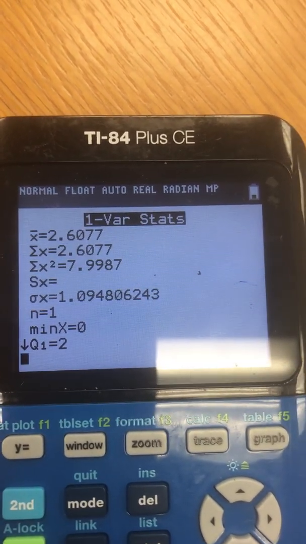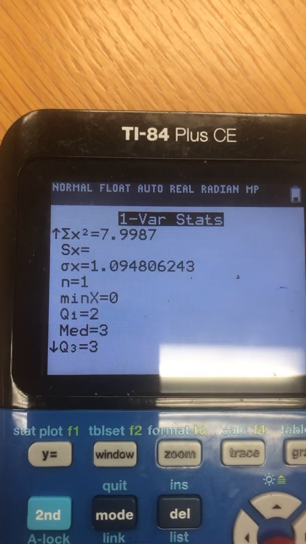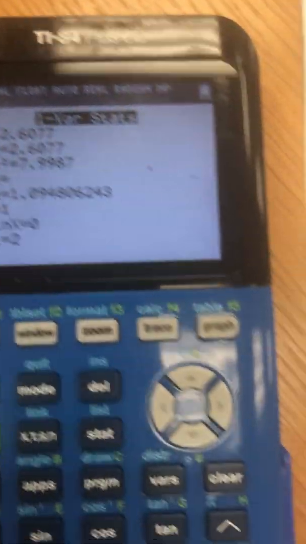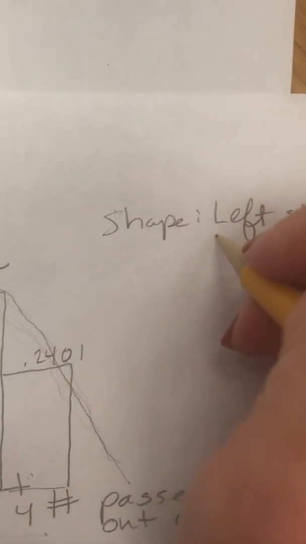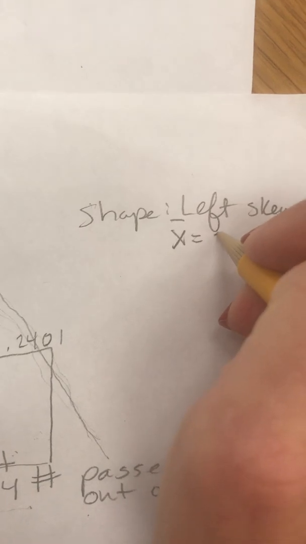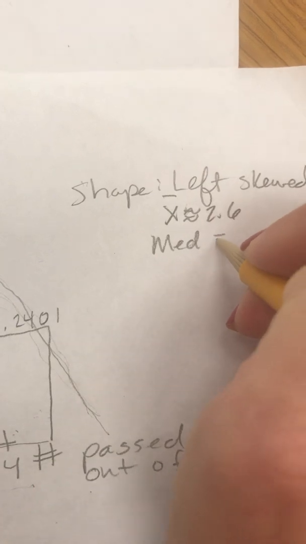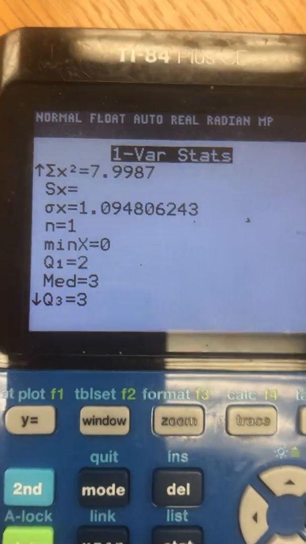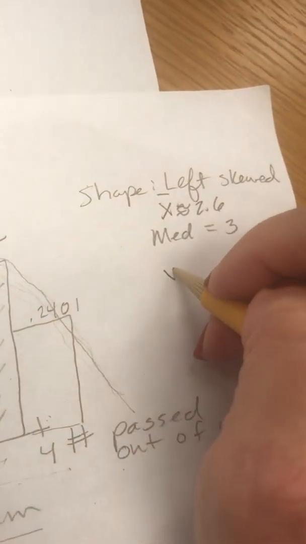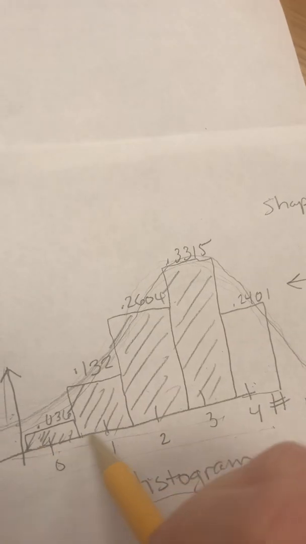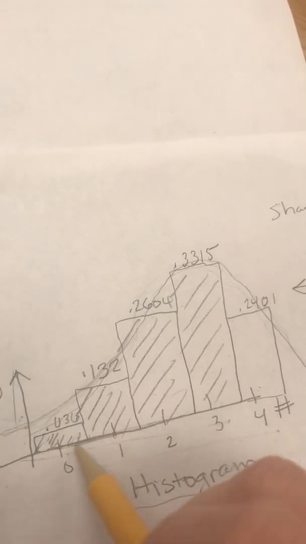Okay. So we have also a median of 3. Remember, I have a mean of 2.6 approximately, and I have a median of 3. Go back over here. Yep, median's 3. And notice that the mean is smaller than my median, kind of corroborating my statement that this is left skewed.